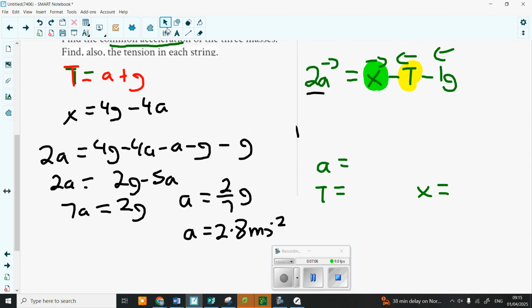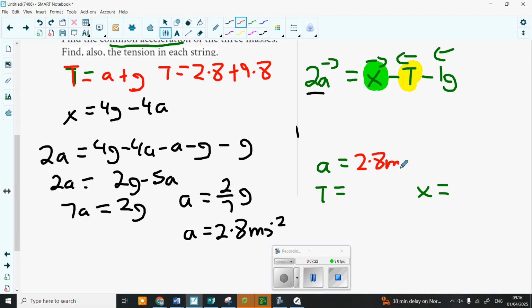Okay, now this one here, everybody see tension? Tension is 2.8 plus 9.8 because gravity is 9.8. What do we get that as? 12.6? Anybody thought 12.6? Okay.